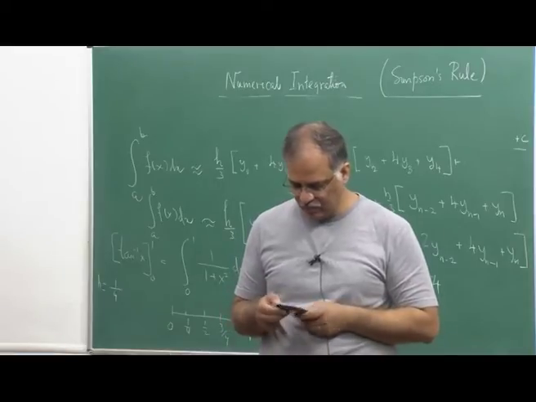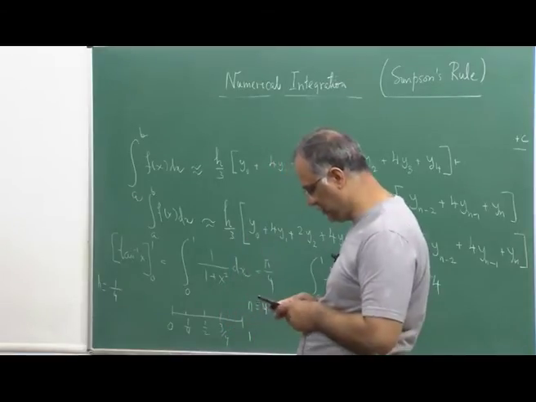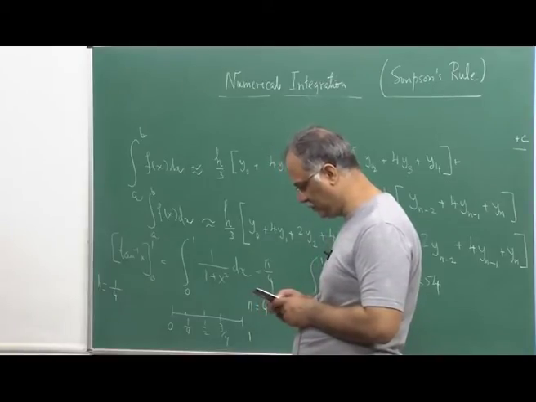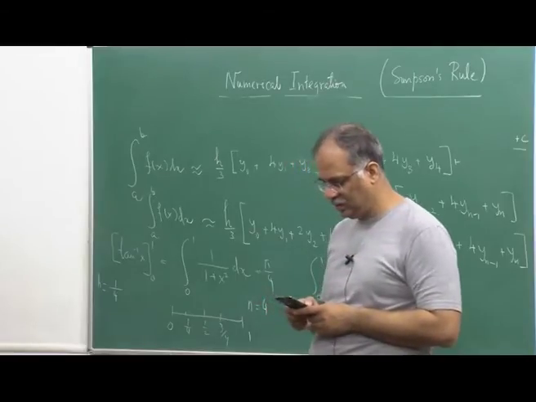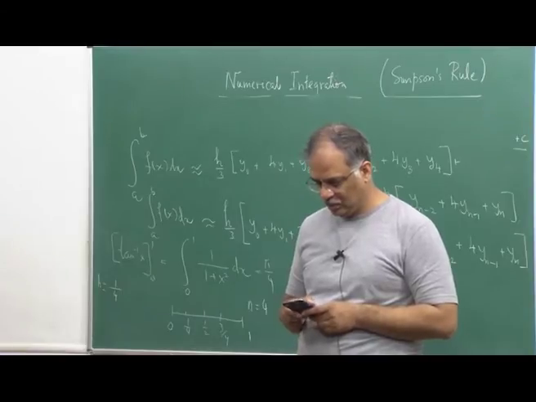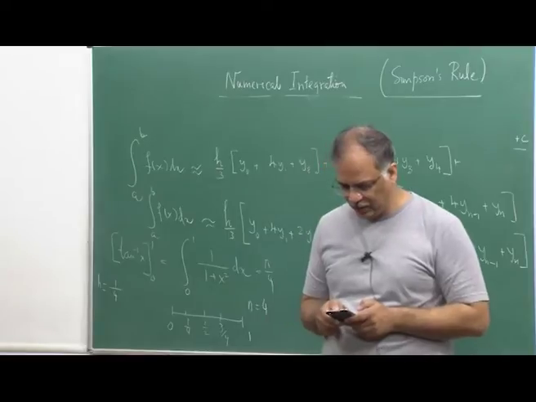Okay, let me just do a little division. Just take pi to be 3.14. Let me see where the calculator is.